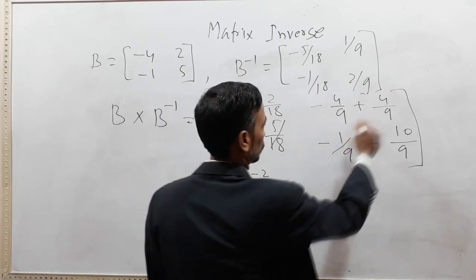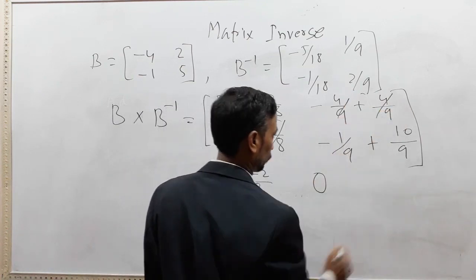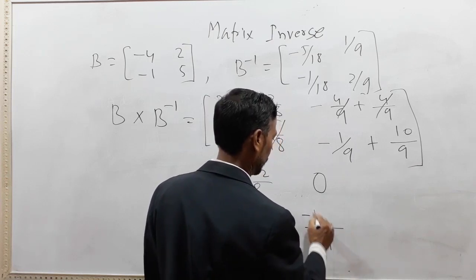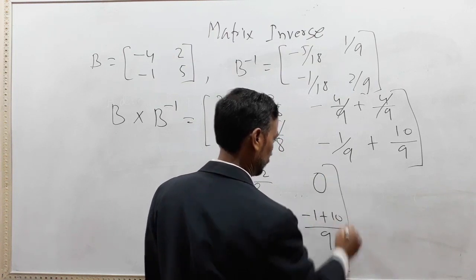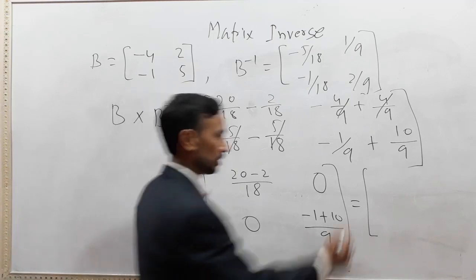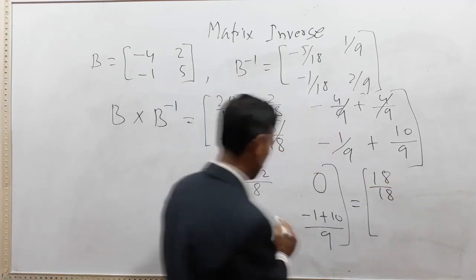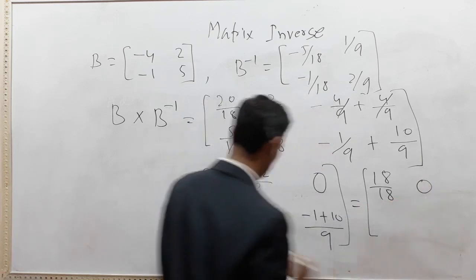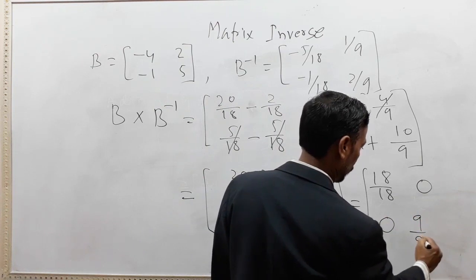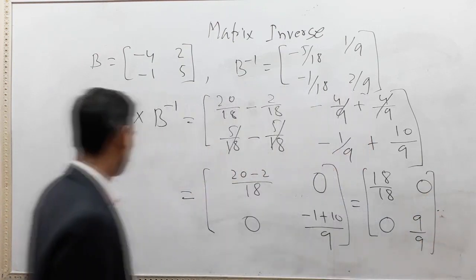And this is 0 the same, and this is going to be minus 1 plus 10 over 9. See, this is 18 over 18, and this is 0, this is 0 as well, and this is 9 over 9. So simply, let me write it down here.